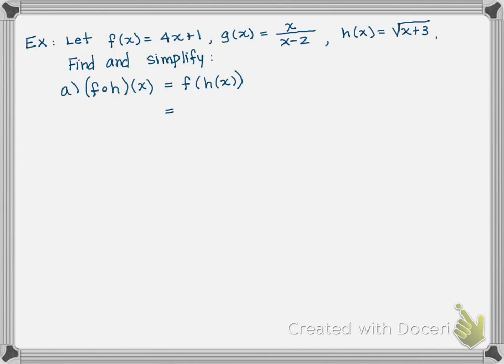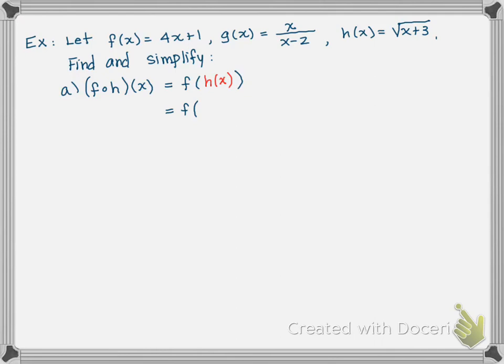So you want to work from the inside out. Remember, you're always starting with your input. So we start with x. Starting with the x, the first thing we want to do is apply h. So that is saying take f of h of x.